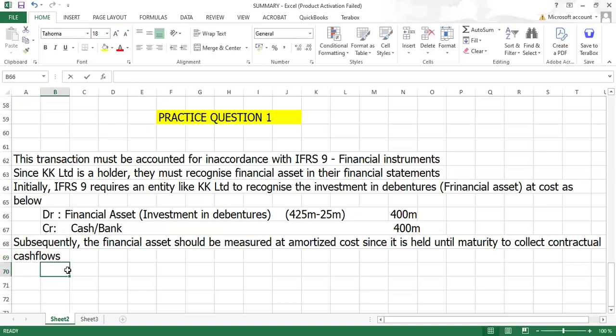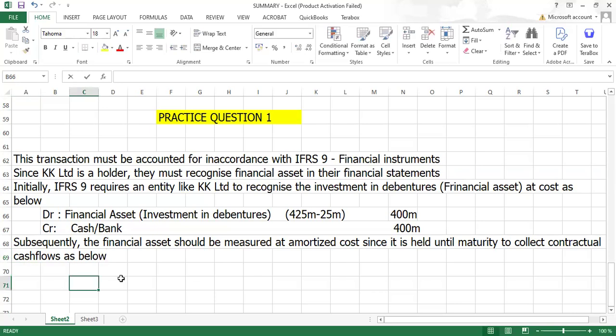Okay. As below, you can put as below, or refer to the appendix as below.